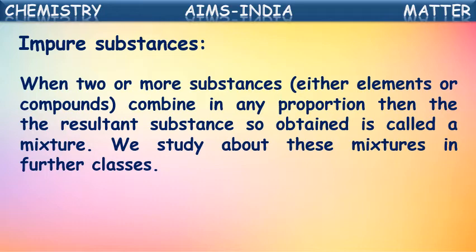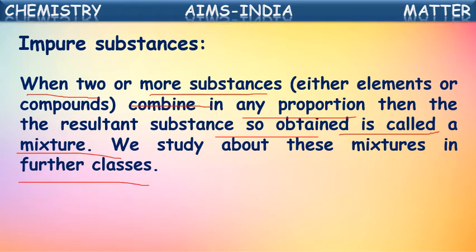And here we have some impure substances also. See, when two or more substances combine in any proportion, then the resultant substance obtained is called a mixture. That is called an impure substance. We will study these mixtures in further classes. These mixtures are the other chemical classification of matter.